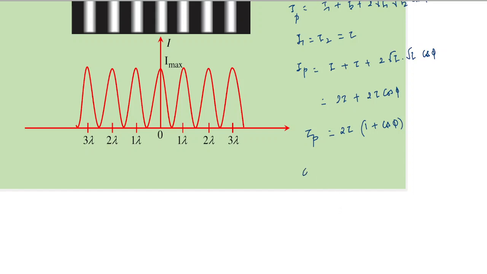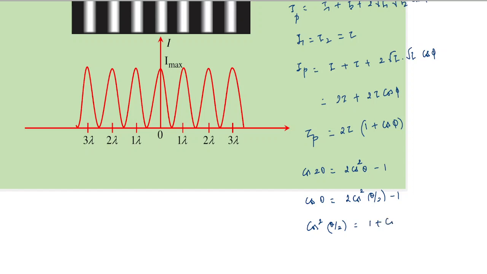Now recall that cos 2 theta is equal to 2 cos square theta minus 1. Using the half angle, we can say cos theta is equal to 2 cos square of theta by 2 minus 1. Bringing 1 to this side, 1 plus cos theta is equal to 2 cos square theta by 2.